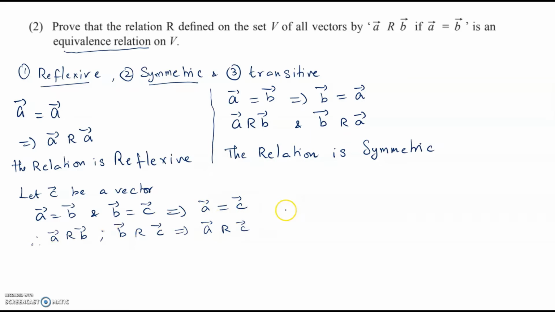So this means the relation is transitive.